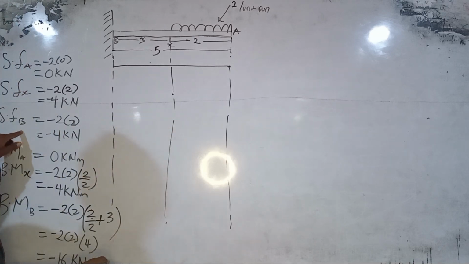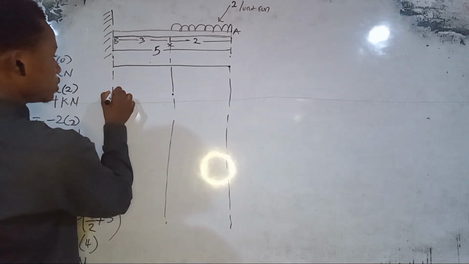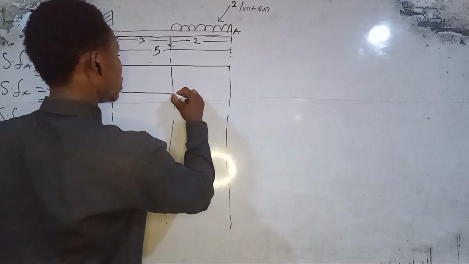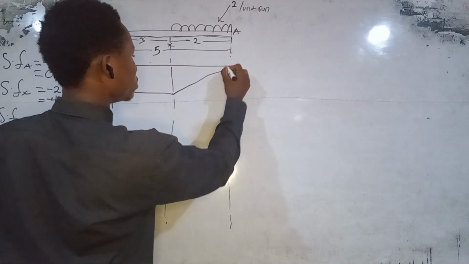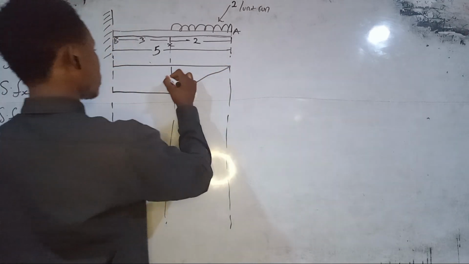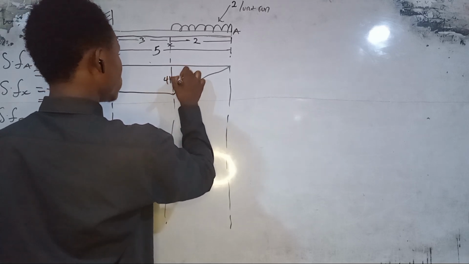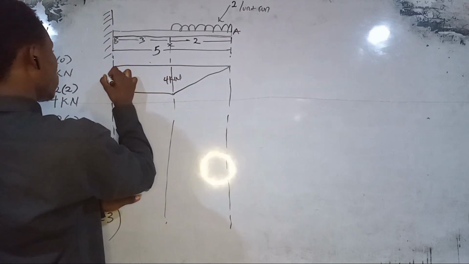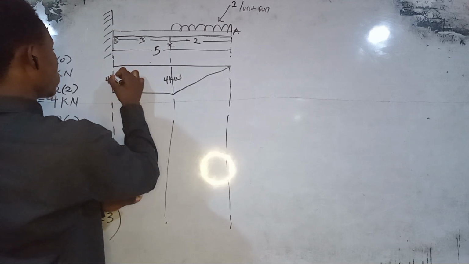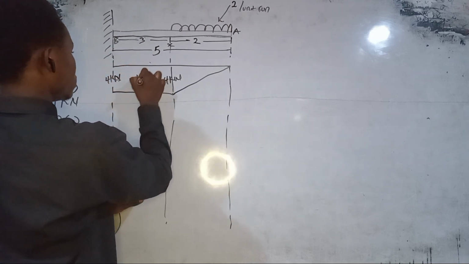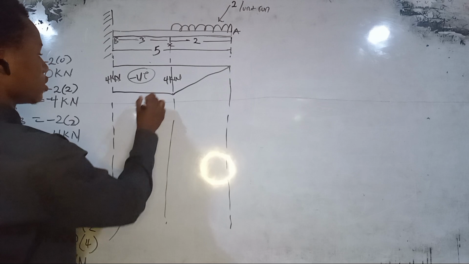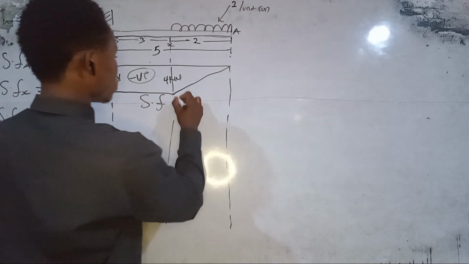The shearing force at B is minus 4, which is still the same place. So, this is a straight line, a 1 degree line. So, we have here as 4 kilonewton, and here as 4 kilonewton. Everything is negative here. This is our shearing force diagram.